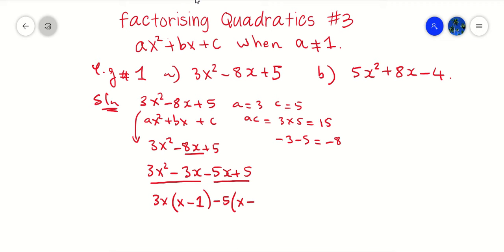The sign here is minus, kwa sababu minus times minus it will give you this plus. Kwa hiyo -1. Then it's the same thing, this bracket and this bracket, they are exactly the same, so we take one of it outside, we'll get x minus 1 into bracket 3x minus 5, and this will be the end of that example.